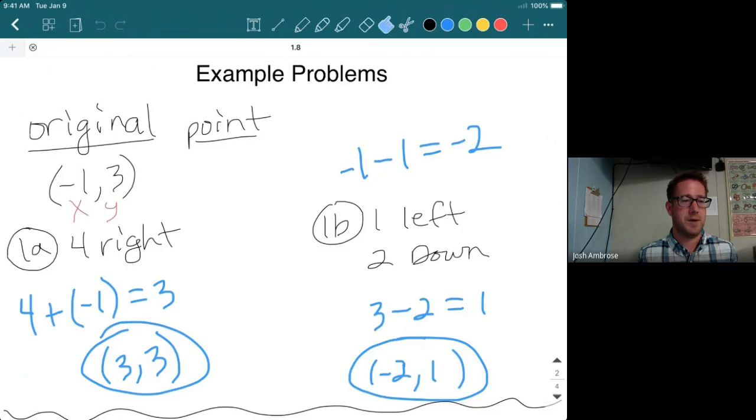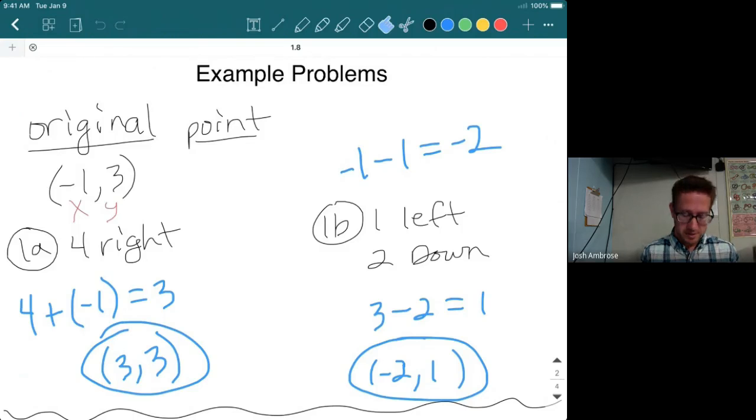Okay, the work. All right, so original point, -1, 3. Then just so we always remember, x goes first, y goes second. For 1a, it says 4 to the right. Okay, so what do we do if we're moving left or right? We only change the x value. The y value does not change.